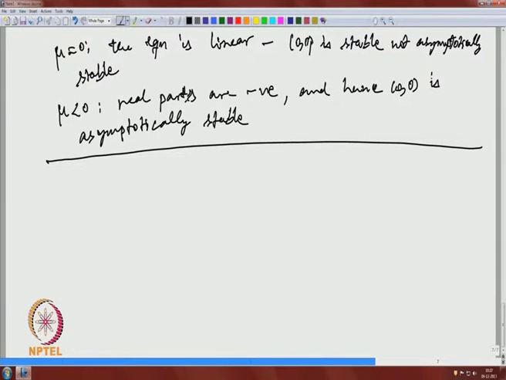That means, if the linear system is stable, then the nonlinear system is also stable, and if the linear system is unstable, then the nonlinear system is also unstable, and this goes by the name Hartman-Grobman theorem.